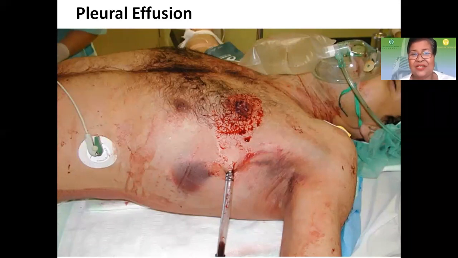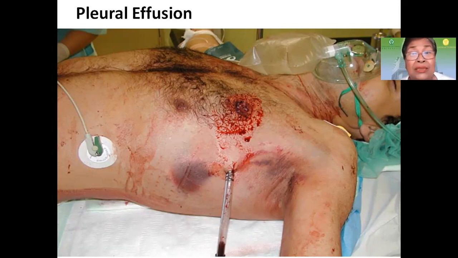Okay? So, yon. All patients with chest trauma will be needing this thoracostomy tube. Pagka medical condition, tubig lang, katulad kanina natin, kung medical condition lang like pneumonia, pleurisy, ay thoracentesis.